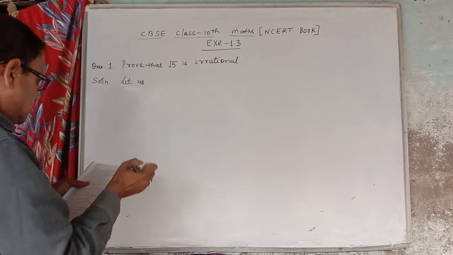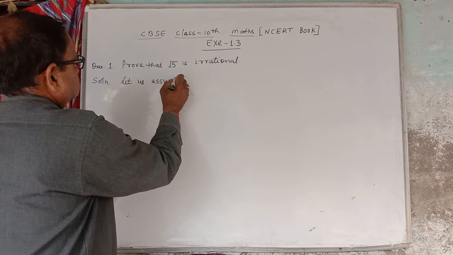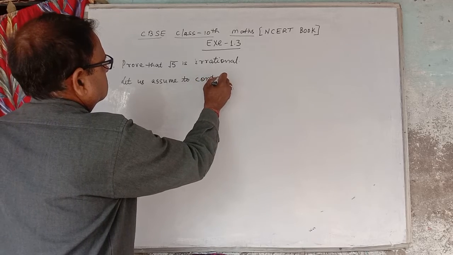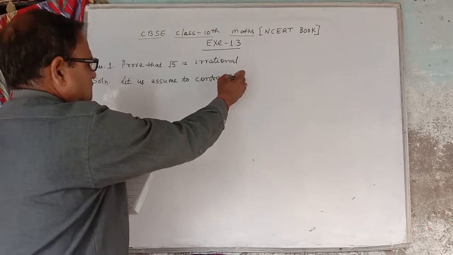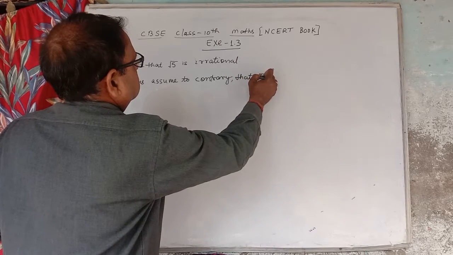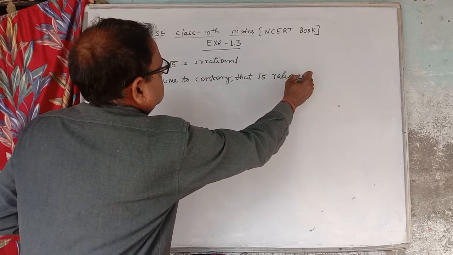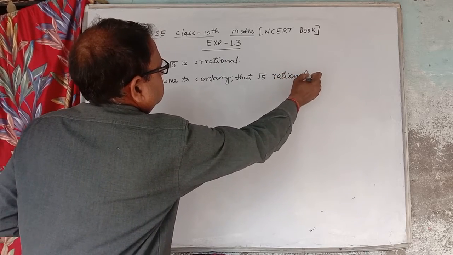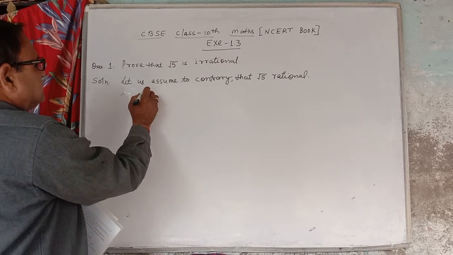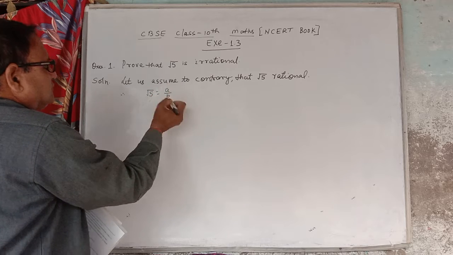Let us assume, to contradict, that root 5 is rational. Therefore, we can write root 5 is equal to a by b.